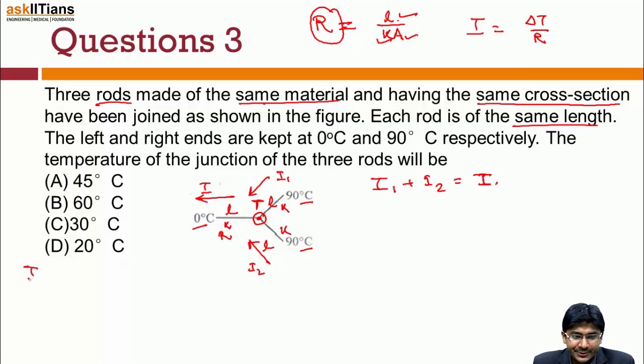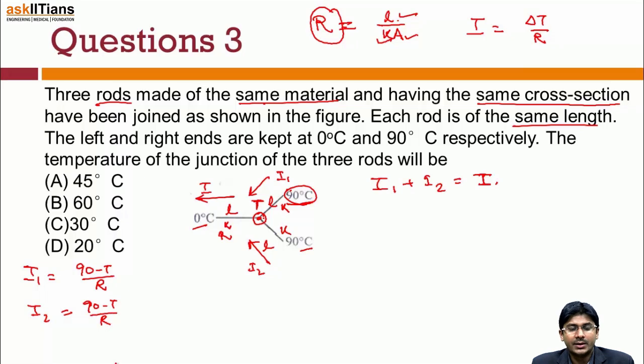So what is I1? What is the temperature difference for this? This is 90, this is T. So I1 is 90 minus T by R. Now what is I2? I2 is 90 minus T by R. This is current I1, this is current I2.